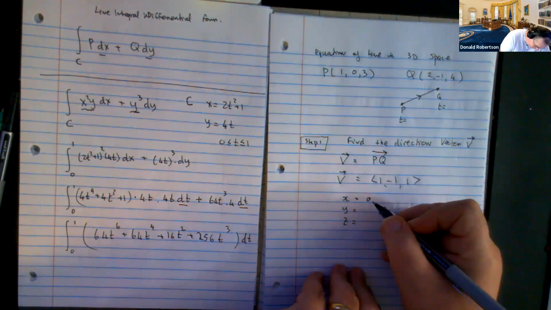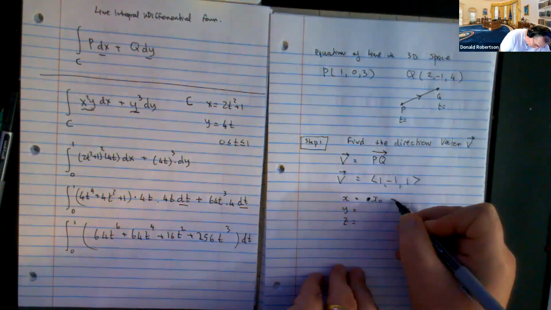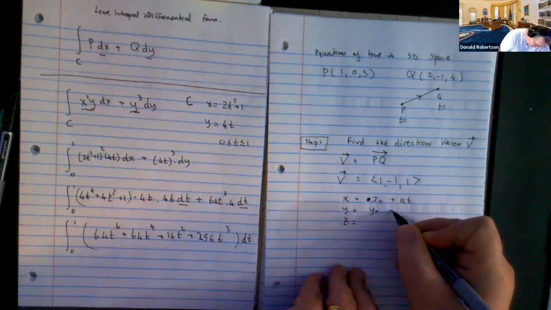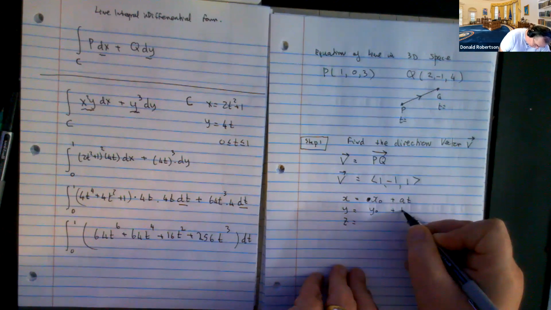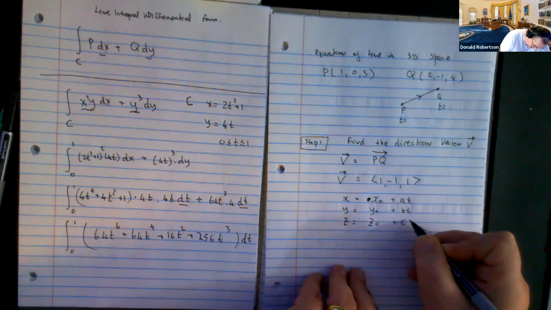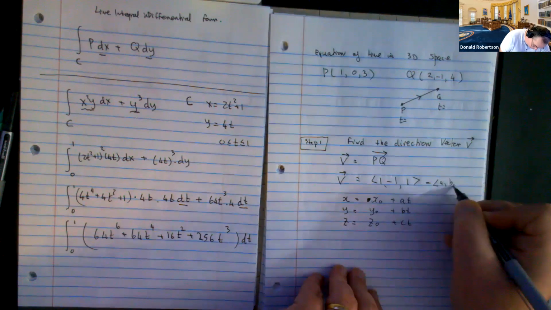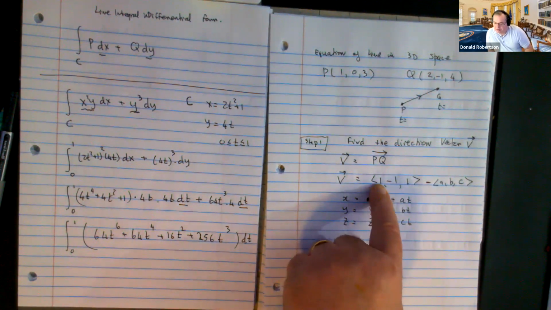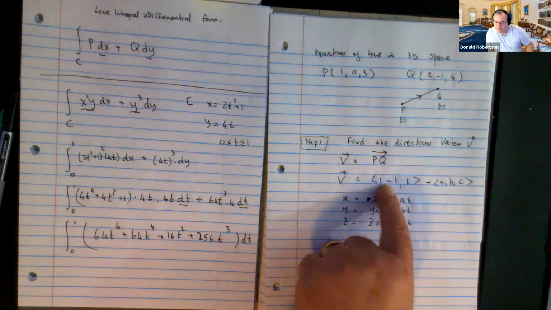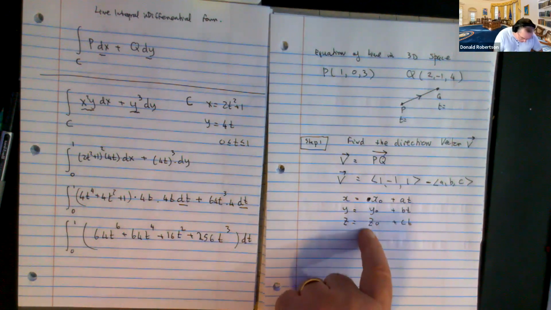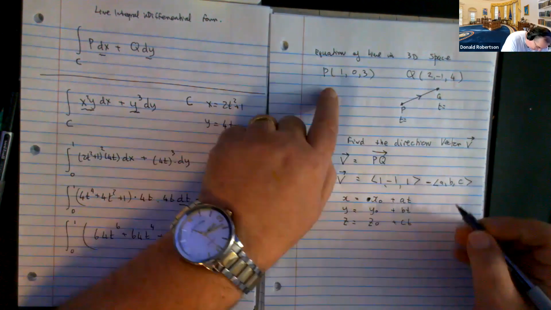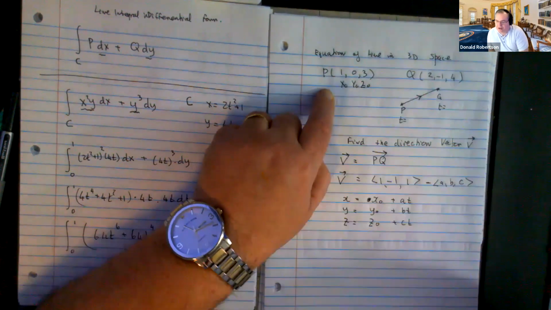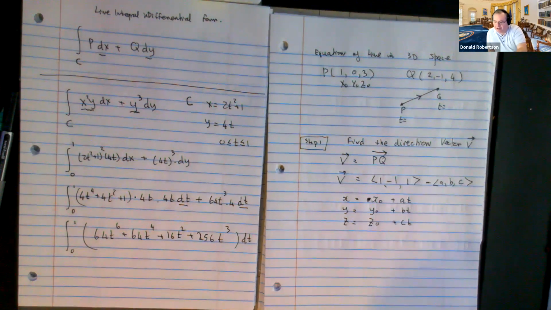I remember. x naught plus at, y naught plus bt, and z naught plus ct, where a, b, c are the components of this vector. Right? And x naught, y naught, and z naught are the x, y, and z coordinates of the starting point. In this case, we're going from P to Q, right?